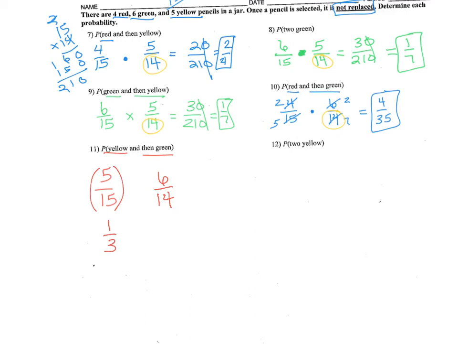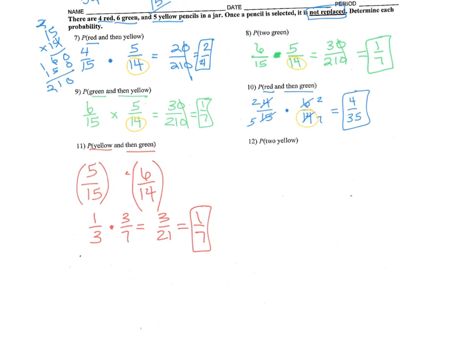I can reduce that one down. The 3 and the 6 you could reduce. It'd be 1 and 2, over 7. 6 and the 5, that's all that changes. Everything else is the same.